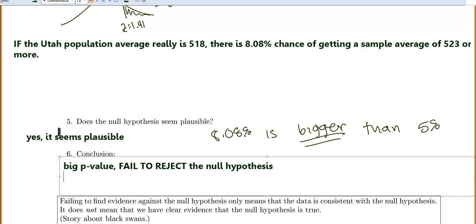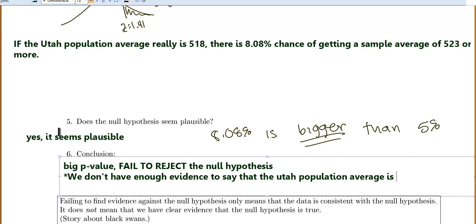Now, we haven't really talked about why yet, but this is how you actually have to write your conclusion. You're going to say that we don't have enough evidence to say that the Utah population average is higher than the U.S. average of 518.